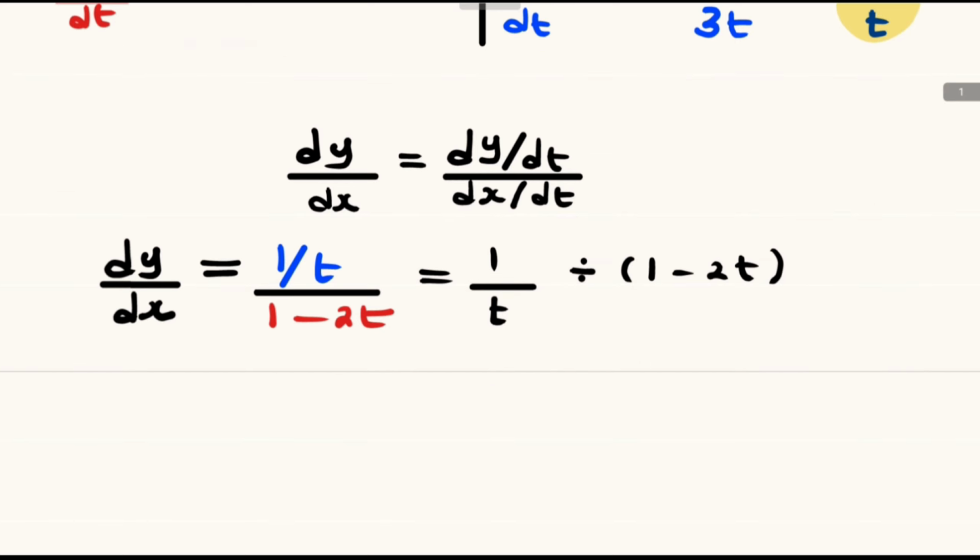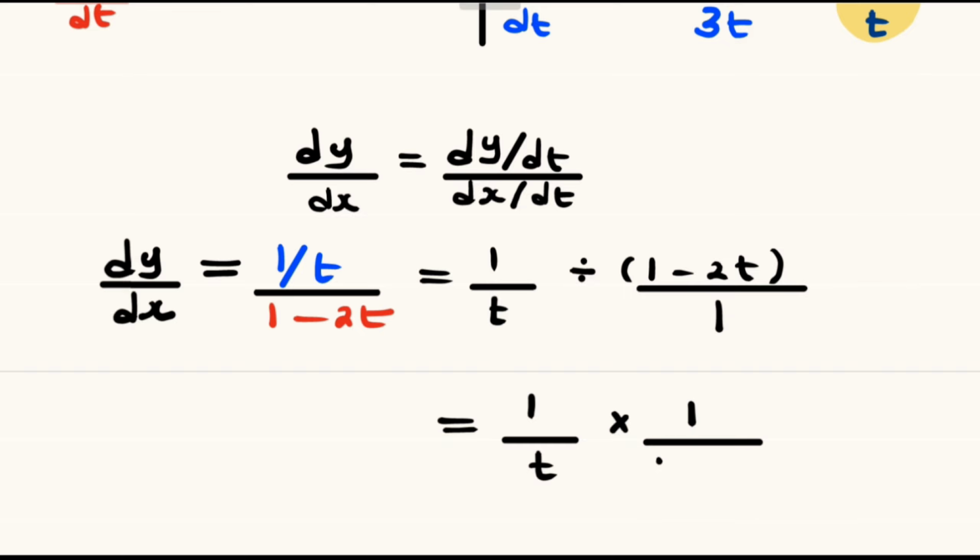This will be equal to 1 over t, and we change that division sign into multiplication, and that is divided by 1. When we change this into multiplication, it will reciprocate. The 1 will be the numerator, and the 1 minus 2t will be the denominator.